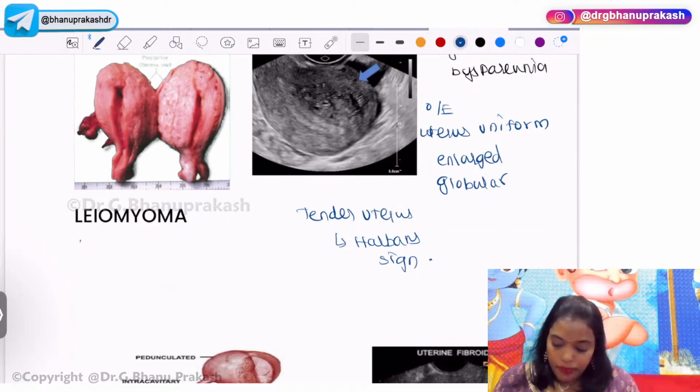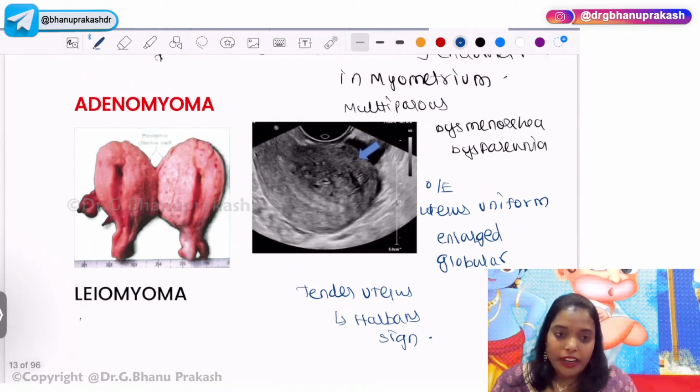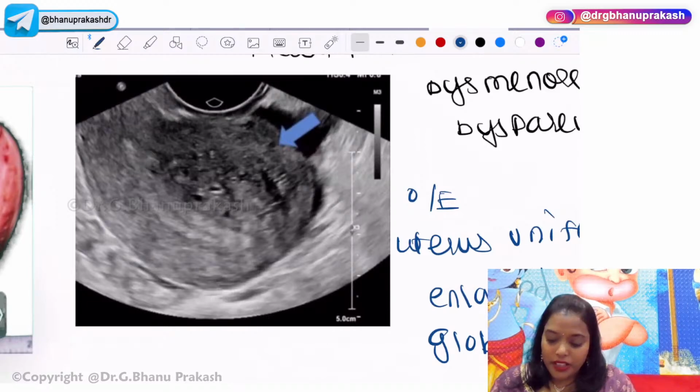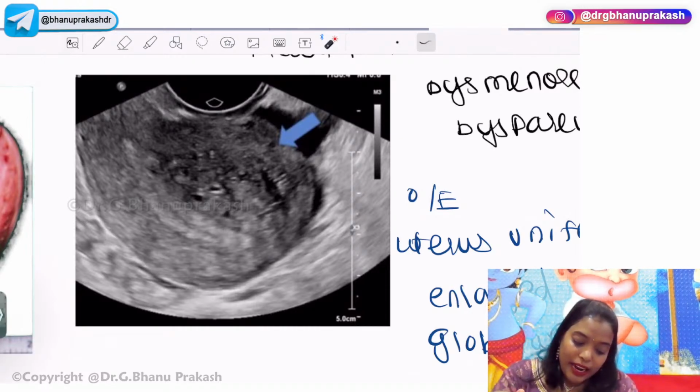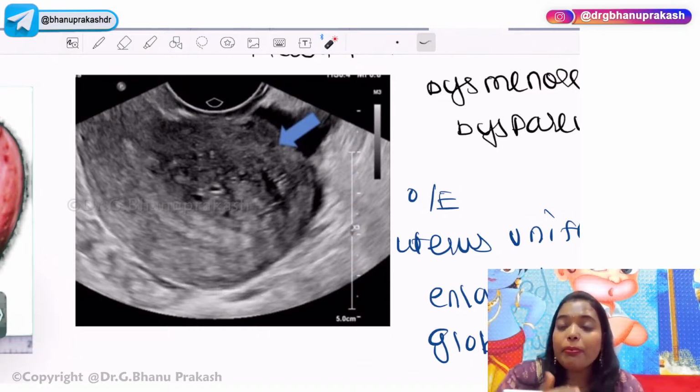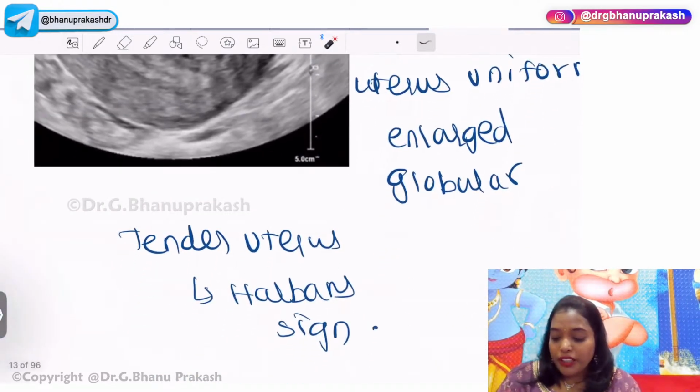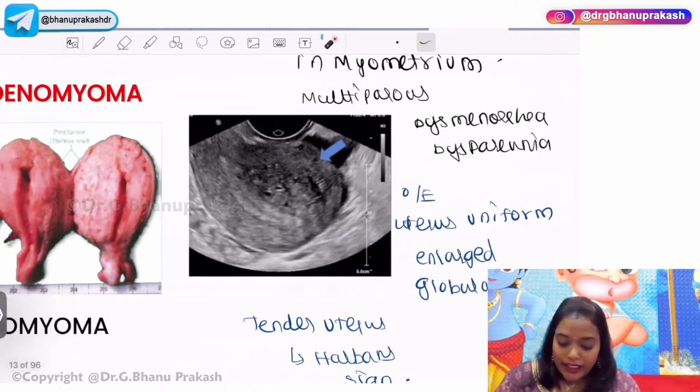Can you tell me what is the appearance of this adenomyosis on USG? You're seeing some endometrial tissue going into the myometrium, and it is making it look like black and white. So it's a heterogeneous echo pattern with black and white appearance. That is why this is called salt and pepper appearance. On USG, if they give adenomyosis, either this picture or this picture, you should answer.